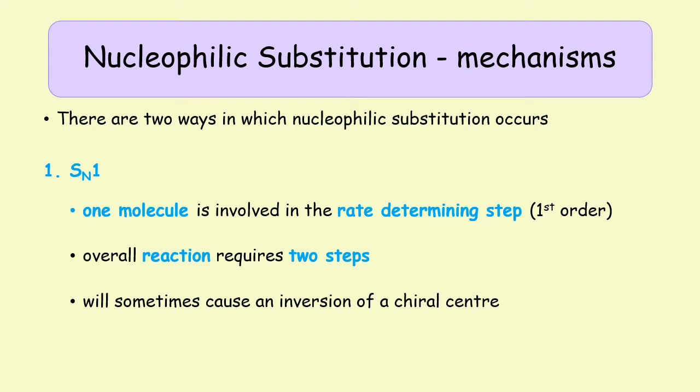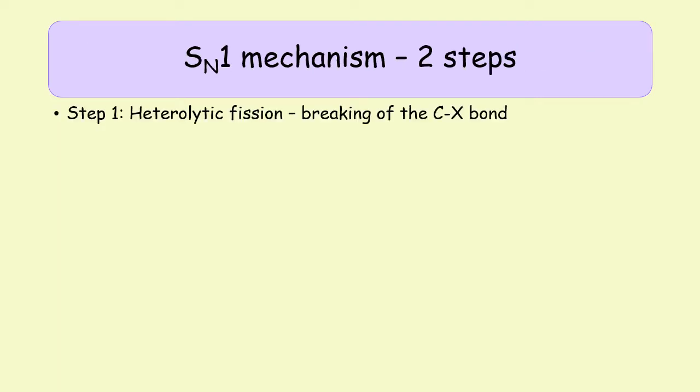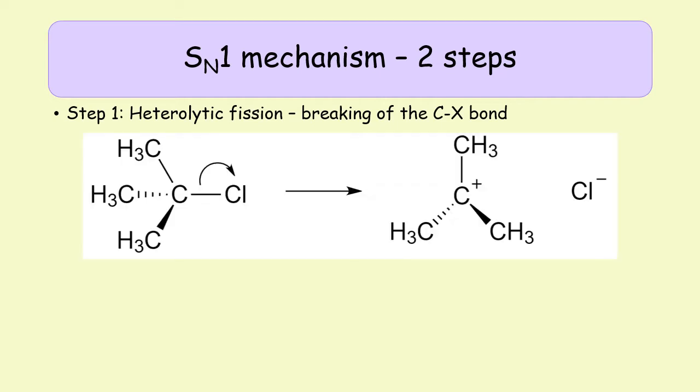So I'm going to go and explain the mechanism. So there are two steps. The first step is the molecule, the monohaloalkane. What happens is that the carbon-halogen bond breaks. Now it is important that we recognize that the first step, you start your arrow from the bond and you end up on the halogen.